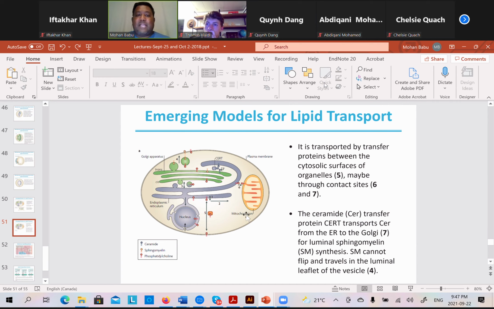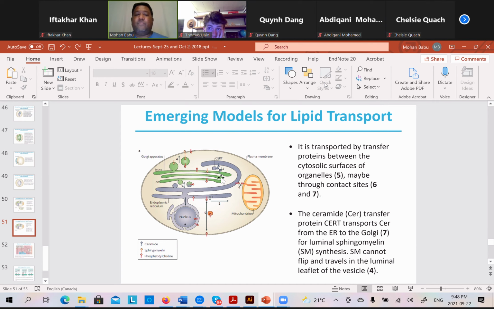Now step 7, here's step 7 where you have the ceramide. There's a ceramide transfer happening via the transporter called CERT transporters, from the ER to Golgi exchanges, where the luminal sphingomyelin synthesis is happening.